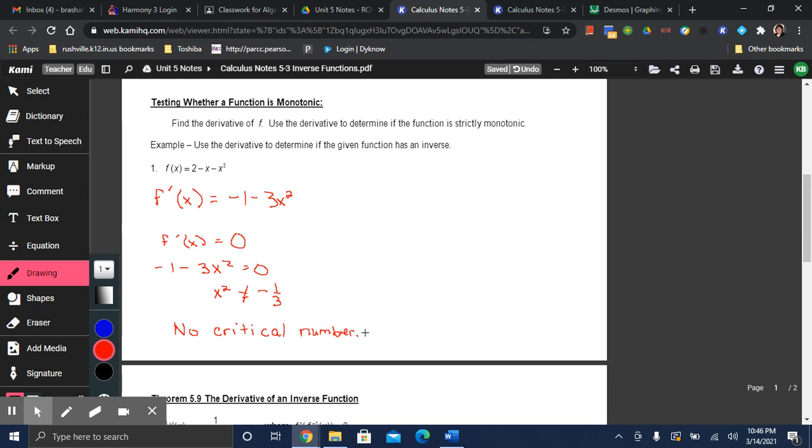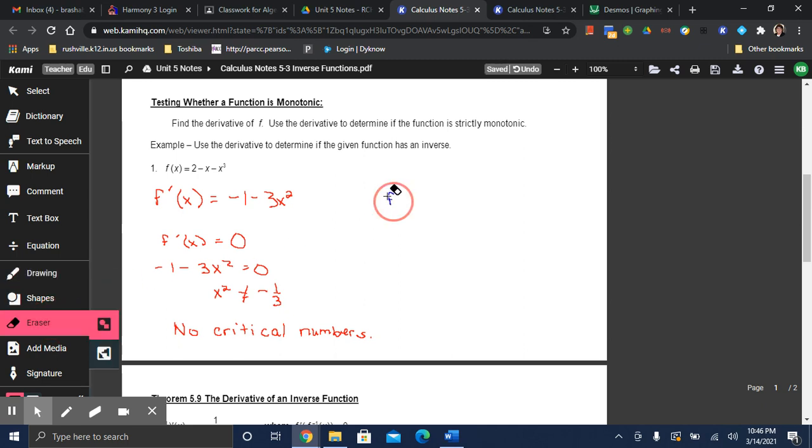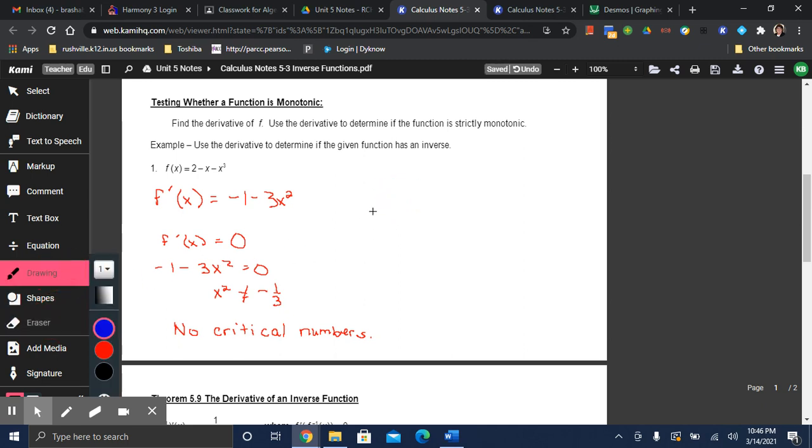And so you can set up a chart. Now you're doing your analysis. We'll do the interval first, just to remind you what these charts look like. You'll have your interval, you'll look at f prime, and then what's going on with f.